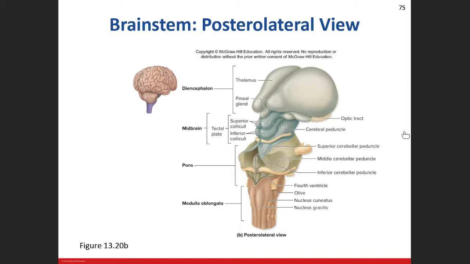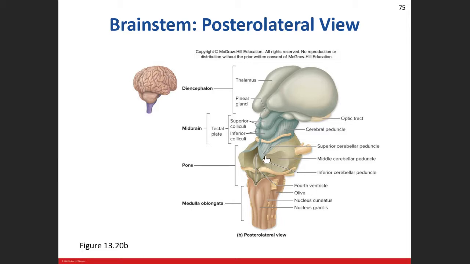The next part is called the pons, and here you can see the pons. Pons actually means the bridge, and this is the bulging part of the brainstem, located in the anterior part of the brainstem. It consists of sensory and motor tracts connecting the brain and the spinal cord.